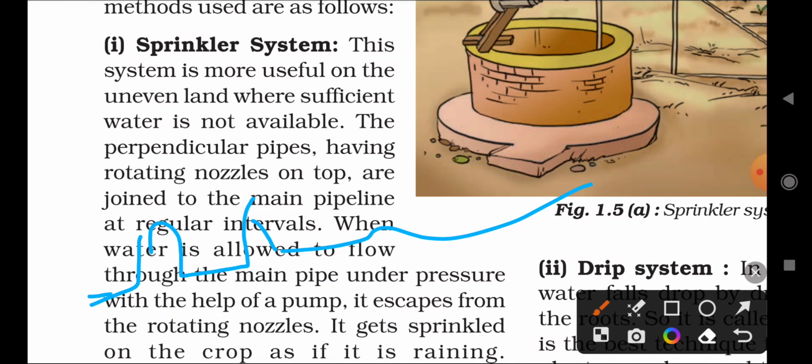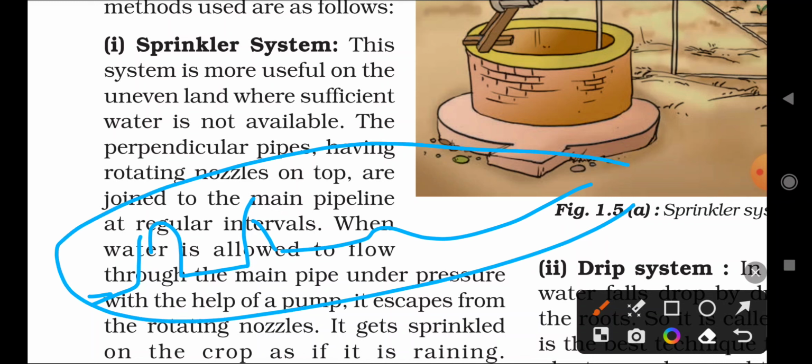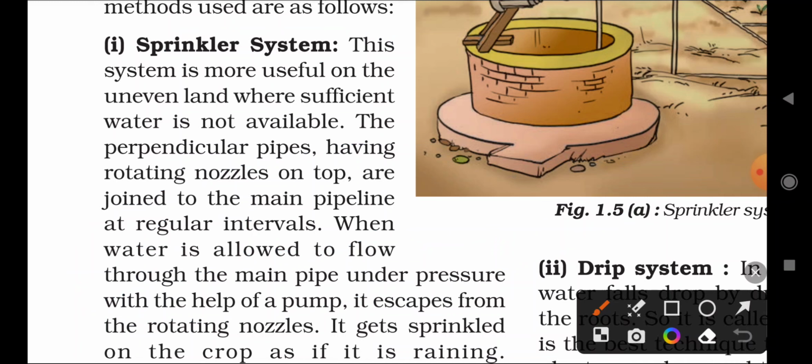In that particular land, the sprinkler system is used very economically and efficiently, and the availability of water is also less in that area, so it is very useful there.